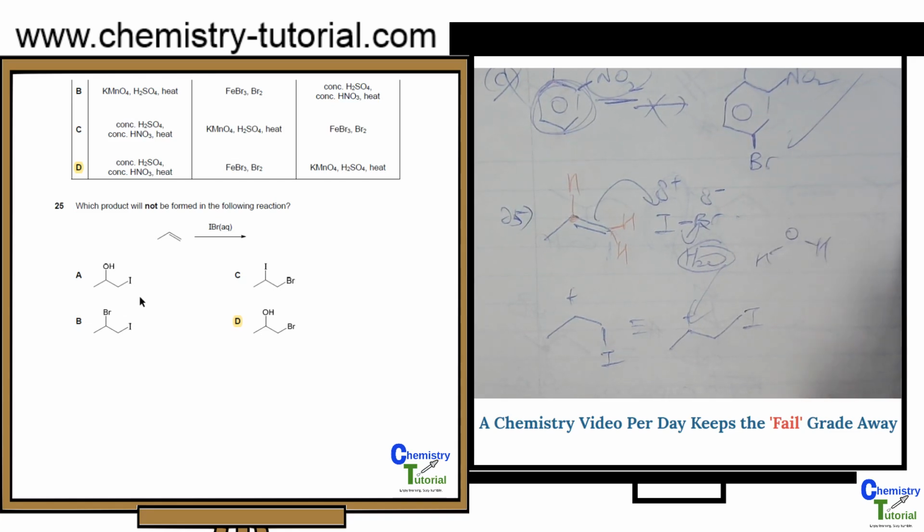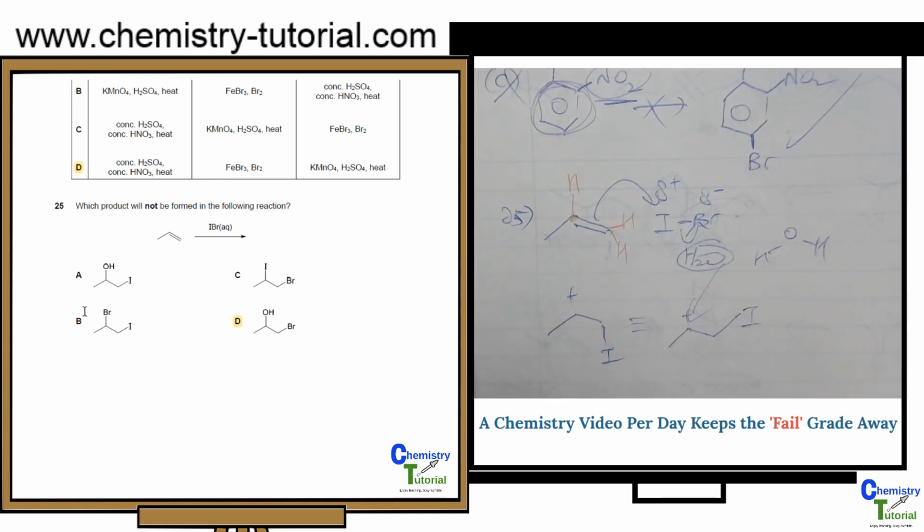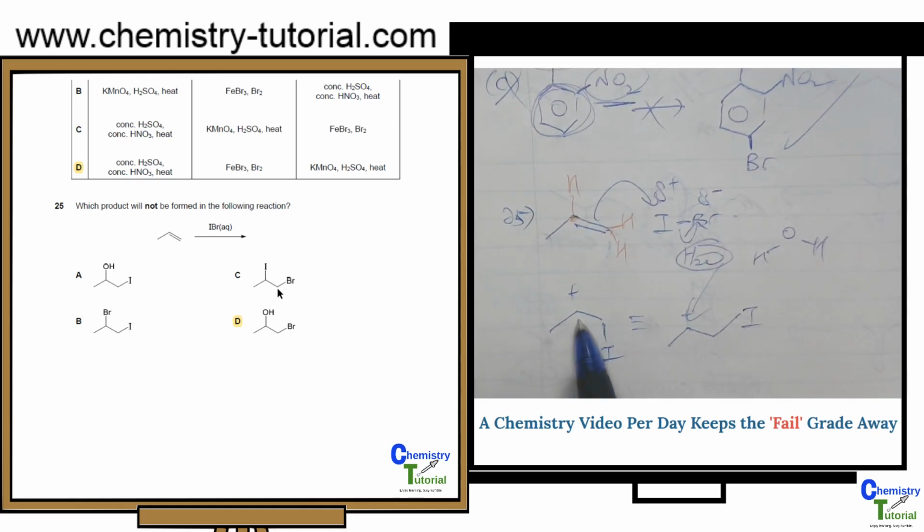We also have B as well. B will be the next product, a minor product, or maybe the next major product, because your Br minus will attack this positive side. Now, is it possible to get C as well? Yes. However, as mentioned earlier, this is a more stable carbocation because this is a secondary carbocation, as this carbon is linked to two different carbons.